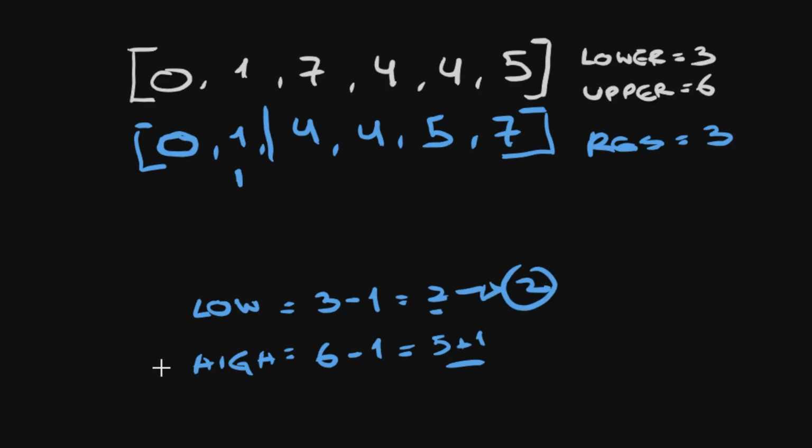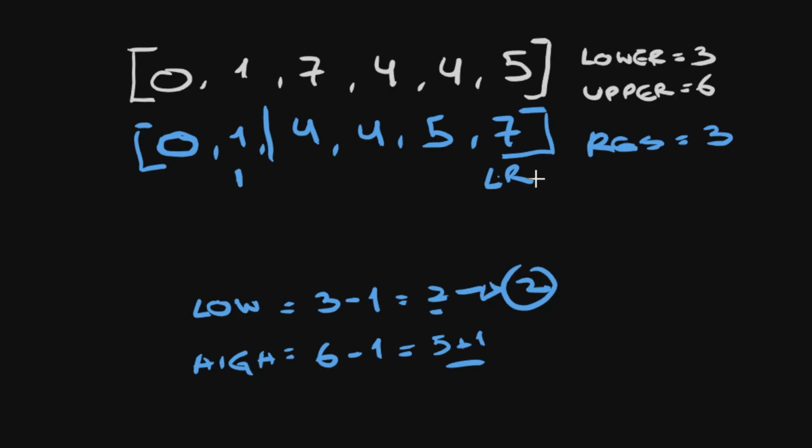Now we're doing binary search with this value, which is 6. So left is here, right is here, mid is here. 4 is smaller than 6, so we update the left pointer to mid plus 1. Now left is here and mid is also here, and 5 is smaller than 6, so we update left once again to the right of mid.